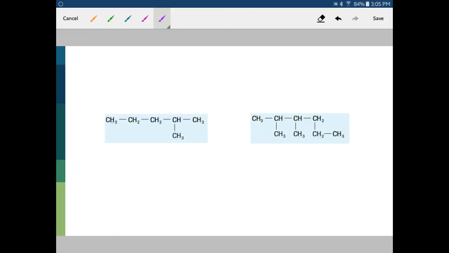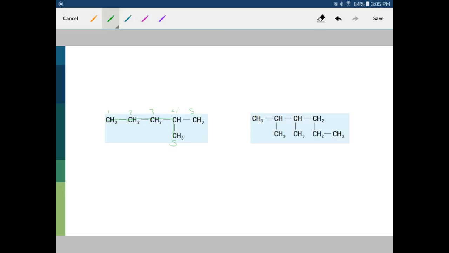If I'm given an example like this, I generally like to draw a line all the way through my molecule to get my longest parent chain. So I can either have this chain here, or I can actually have this chain here and it is the exact same length. So I have 1, 2, 3, 4, 5, or 1, 2, 3, 4, 5.